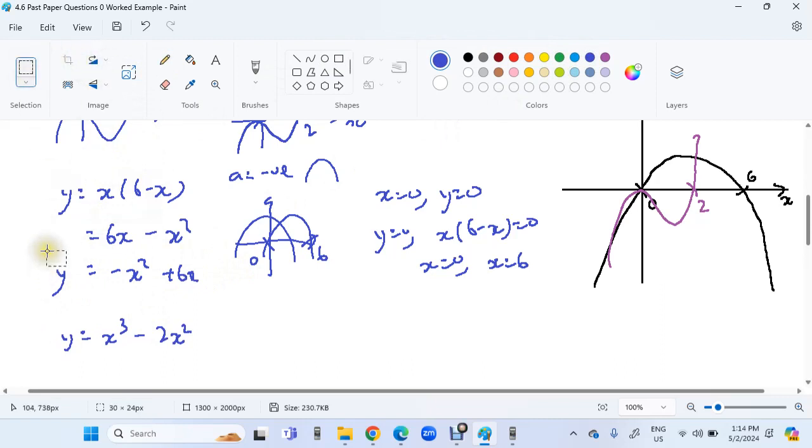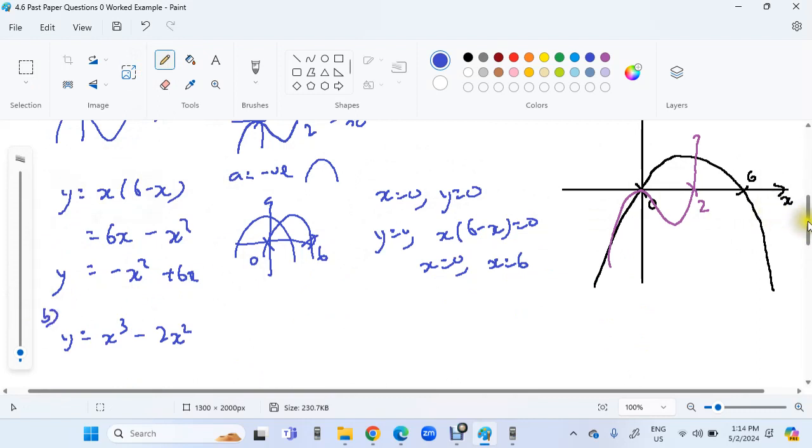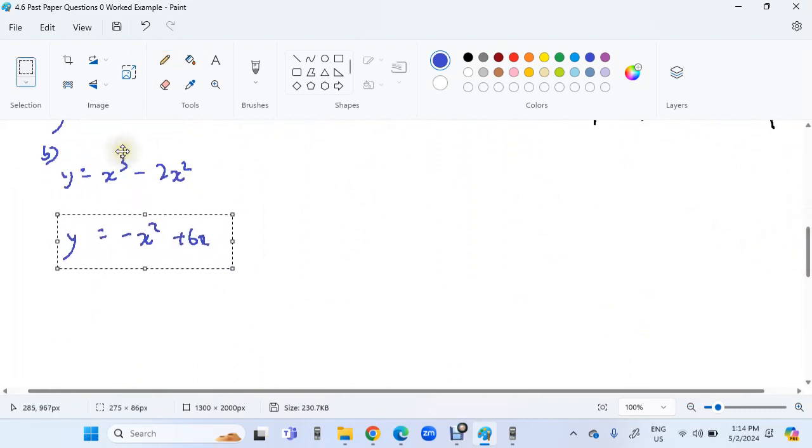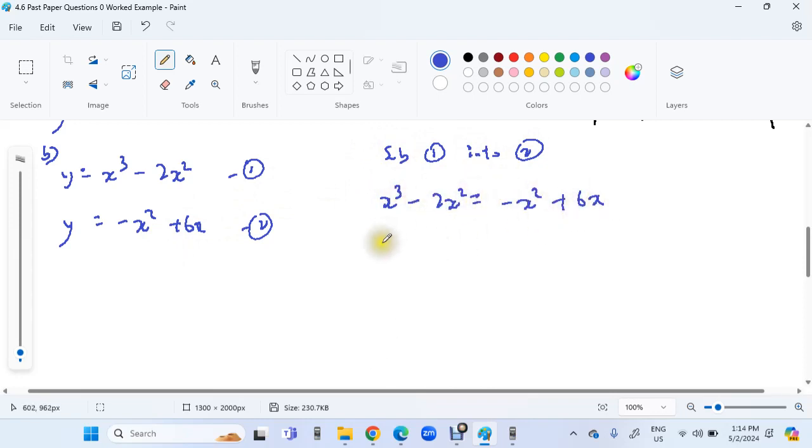The step provided by the textbook doesn't expand, but I found that if we expand, it will be easier. So we substitute equation 1 into equation 2. Then we have x cubed minus 2x squared equals negative x squared plus 6x. Then x cubed minus x squared minus 6x equals 0.